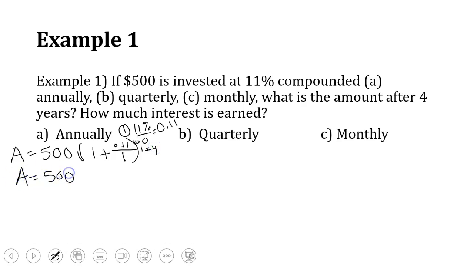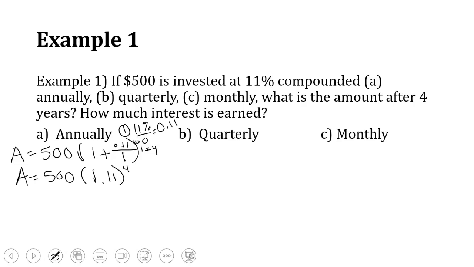All right, so bring down the 500. Let's handle what's inside the parentheses. 1 plus 0.11 divided by 1, you get 1.11. And then our exponent, 1 times 4 is 4. In your calculator, you'll want to handle the exponent first. Do not distribute that 500. That is last. So put in your calculator 1.11 and then a little arrow pointing up.